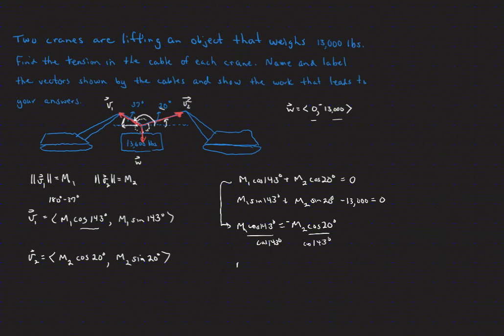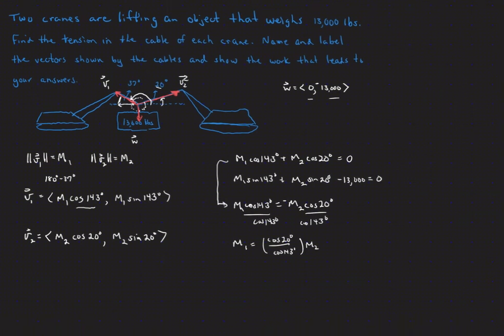And so we'll get that M1 is going to be negative cosine of 20 over the cosine of 143 times our M2. I'm going to slide this up a little bit.